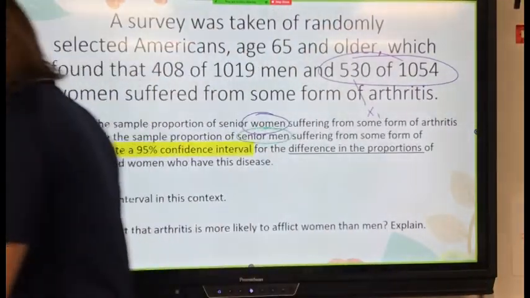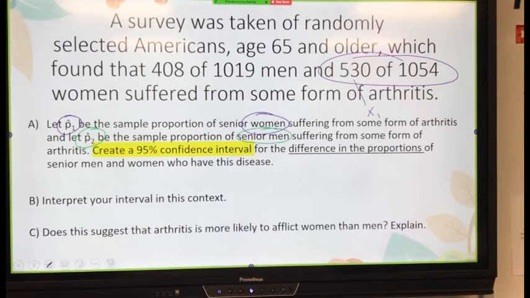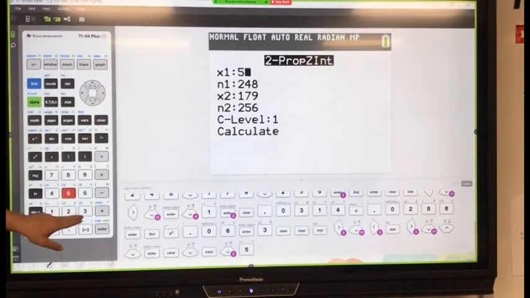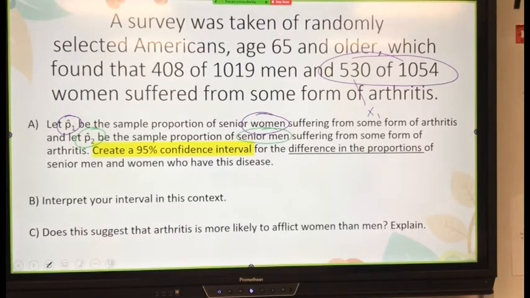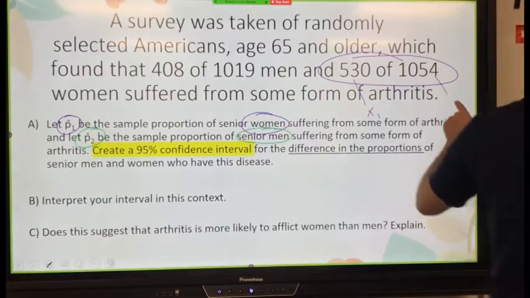That's going to be my X1. So I'm going to type in 530. What's going to be my N1? What's my N value for women? 1,054.